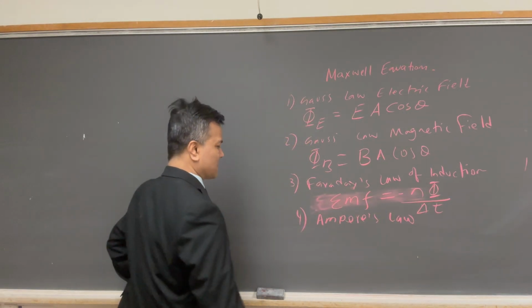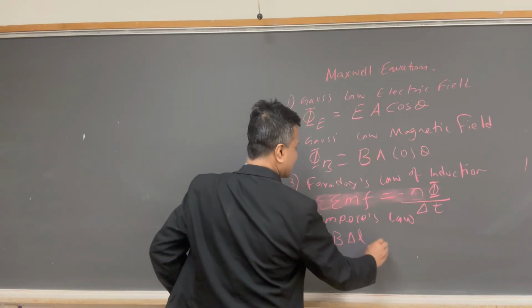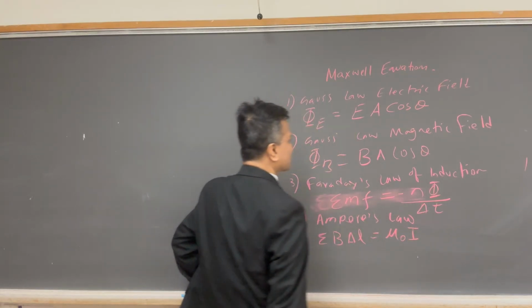A few seconds ago I wrote it: sigma magnetic field times delta L is equal to mu naught times current.